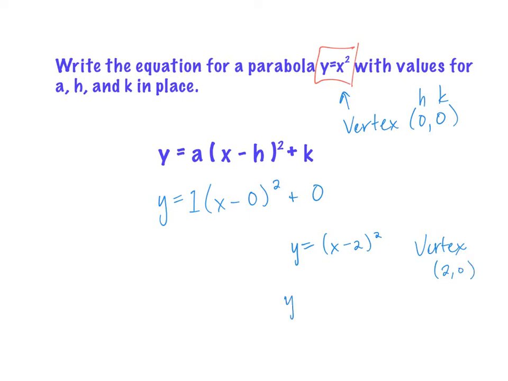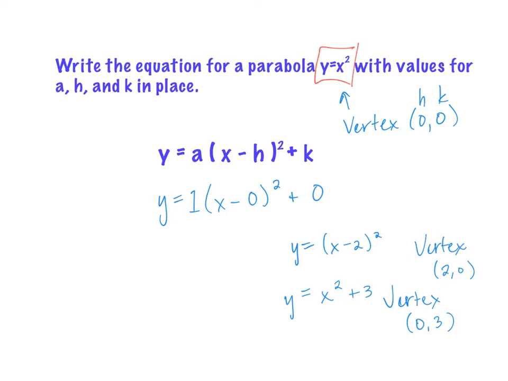Or if I have y equals x squared plus 3, that would have a vertex of 0, 3. So some of those are a little bit different than what they look like in this form here, but it's just because we have something else, like a 0 as a placeholder or a 1 as a placeholder. We'll talk more about that in a minute.